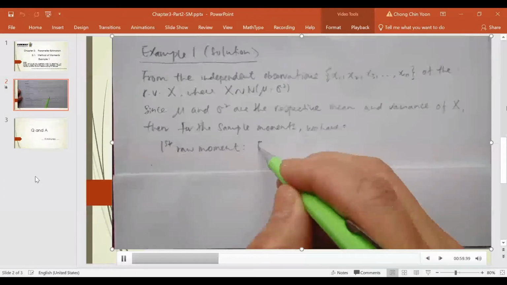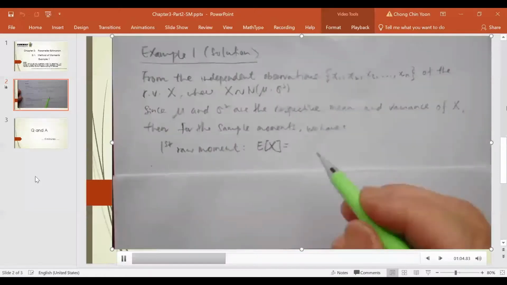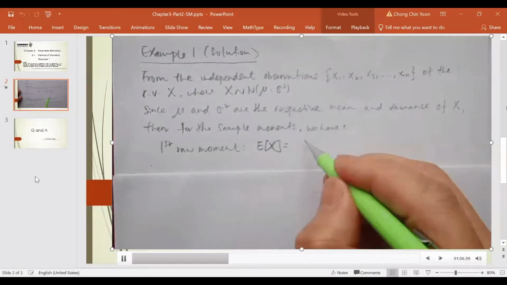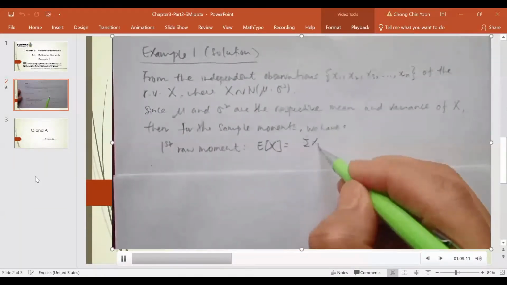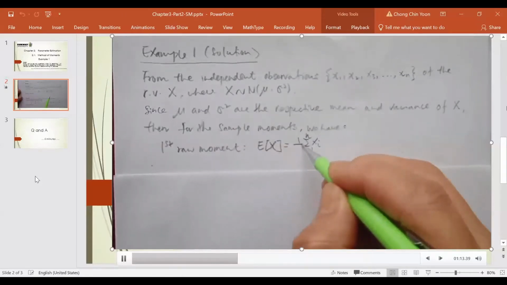We have the first raw moment, which equals the summation of xi, where i is from 1 to n, divided by n.